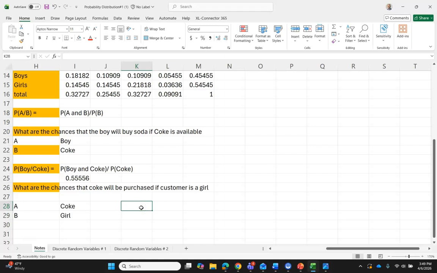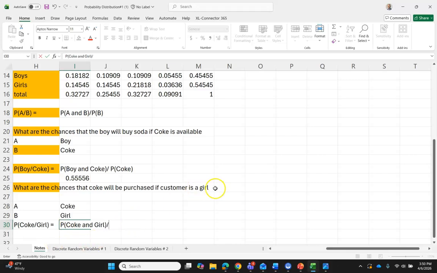let's write it down here as we did before. It is the probability of Coke given girl, which should be equal to the probability of Coke and girl, close the bracket, divided by the probability of a girl.